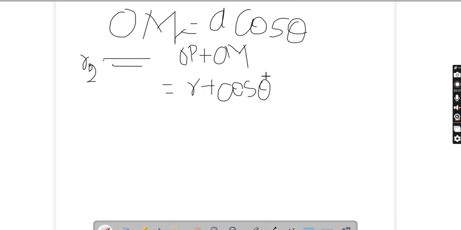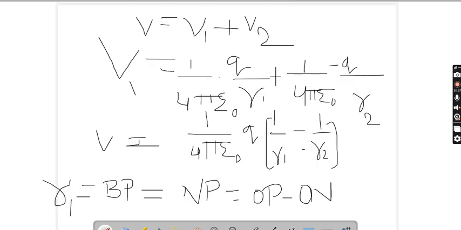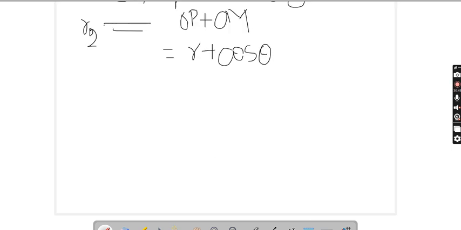So we got the values R1 and R2. Suppose you substitute in the total electric potential equation, we will get V is equal to Q divided by epsilon naught. We took common Q divided by epsilon naught.